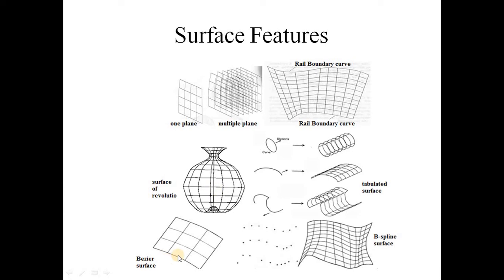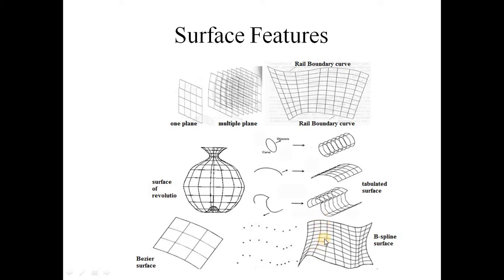Now next is Bezier curve and B-spline surfaces. Here you can see that this is a curved edge and this is a curved edge, and in between these two curved edges the B-spline surfaces are there.